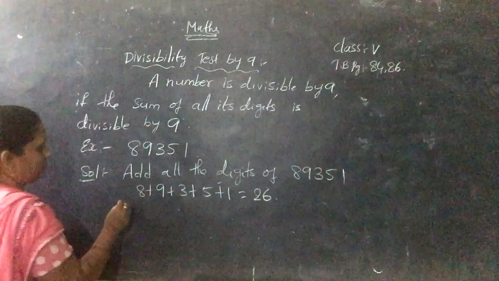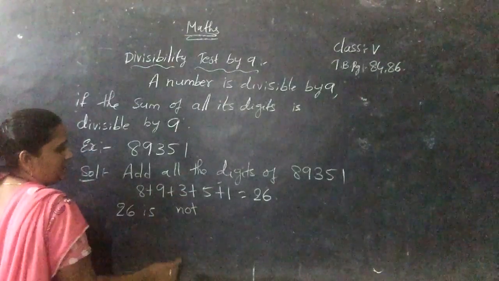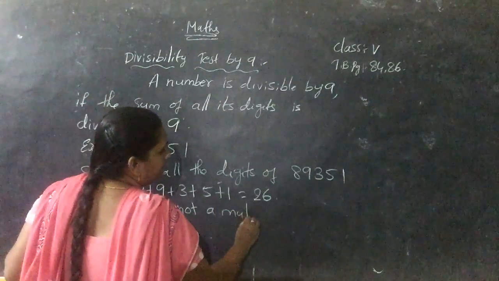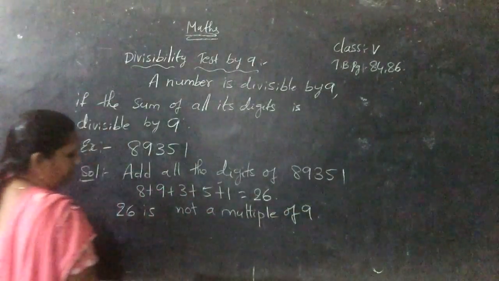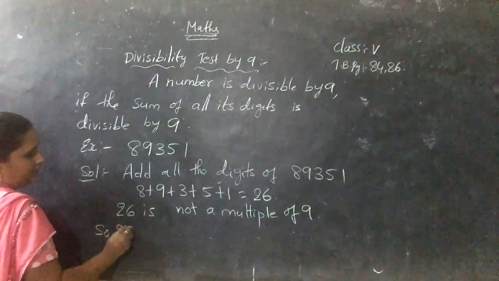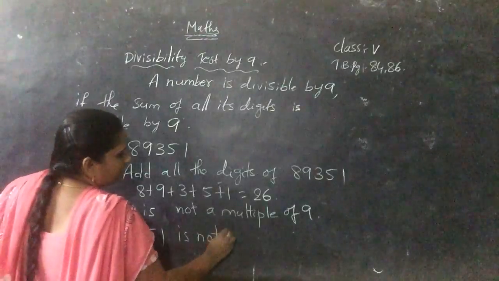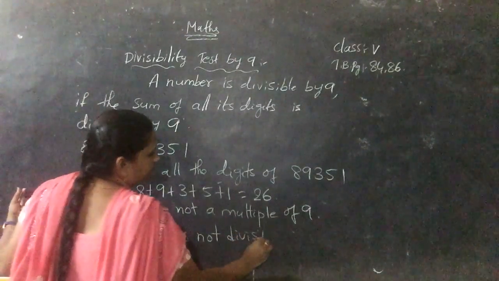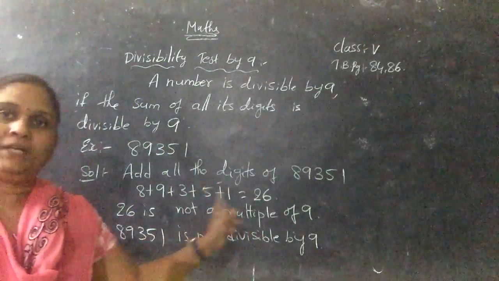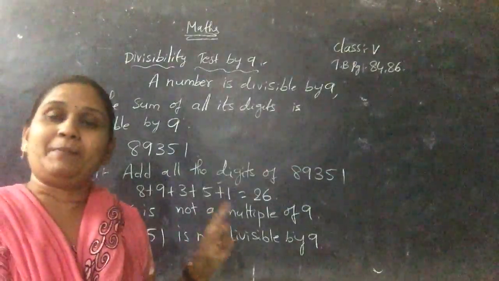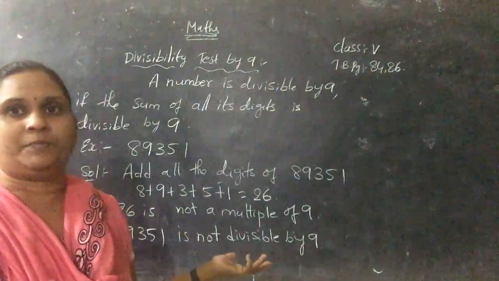Okay, now write down: 26 is not a multiple of 9. So 89351 is not divisible by 9. If the total got 27, definitely it will be divisible by 9, because 27 is a multiple of 9, isn't it? 3 9s are 27. So it got 26. So as it got 26, it is not divisible by 9.